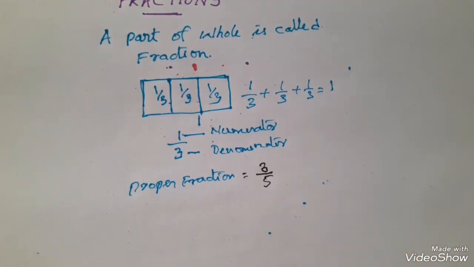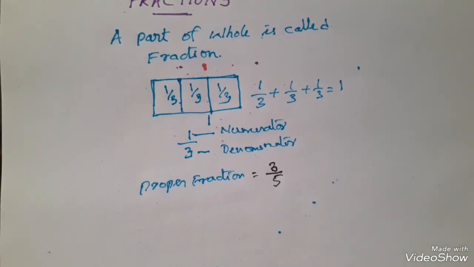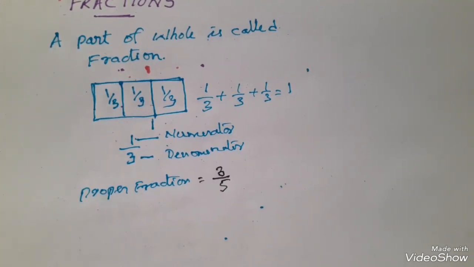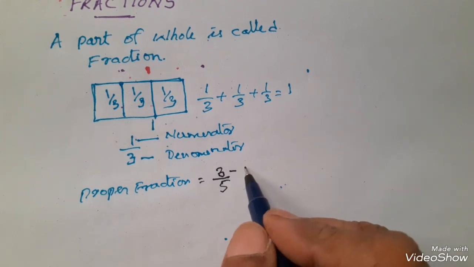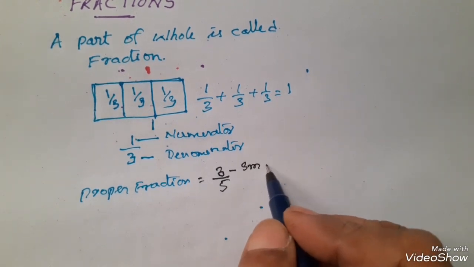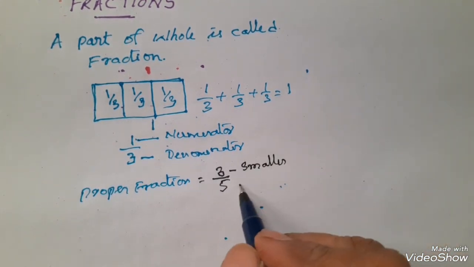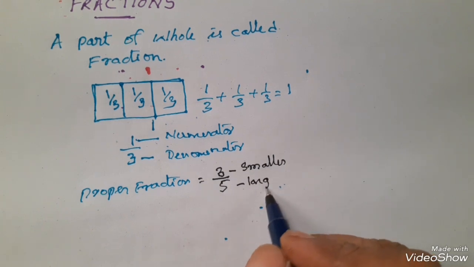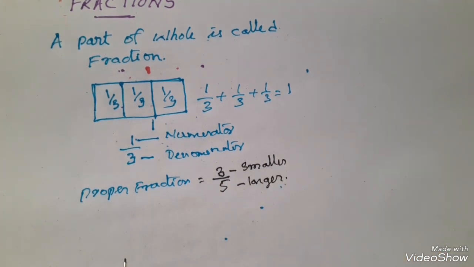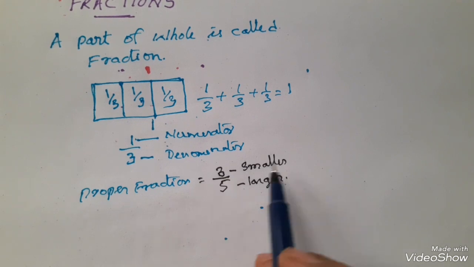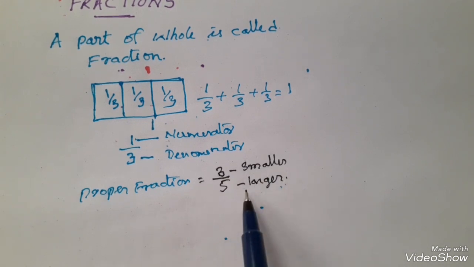This is called a proper fraction. Here, this is the smaller and this is the larger. So in a proper fraction, the numerator is the smaller one and the denominator is the larger one.